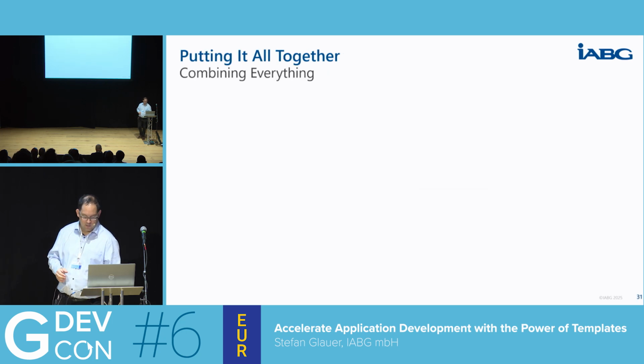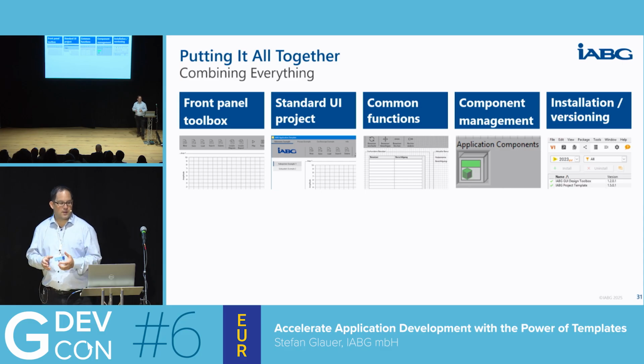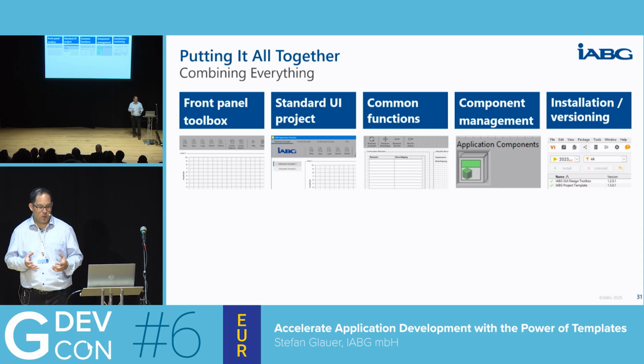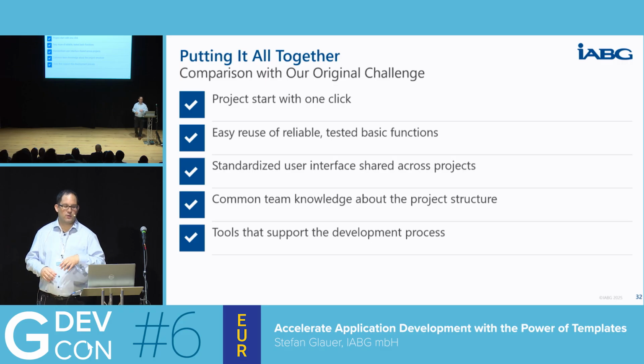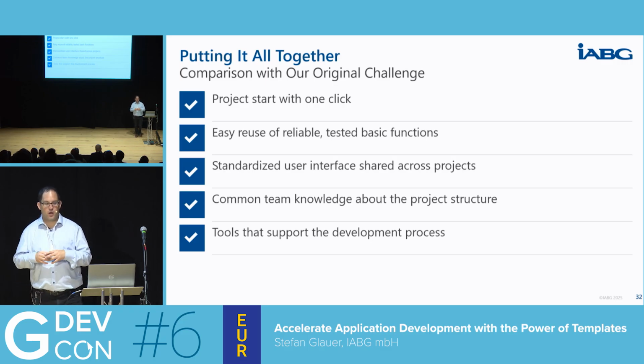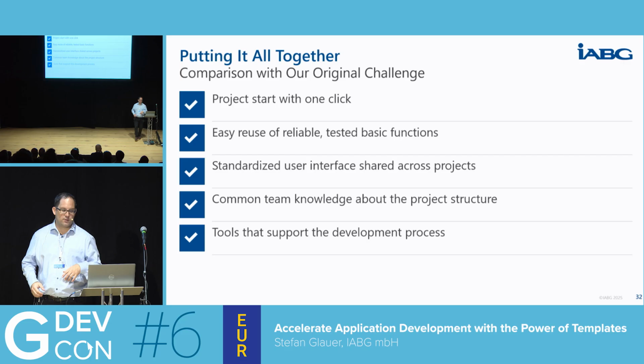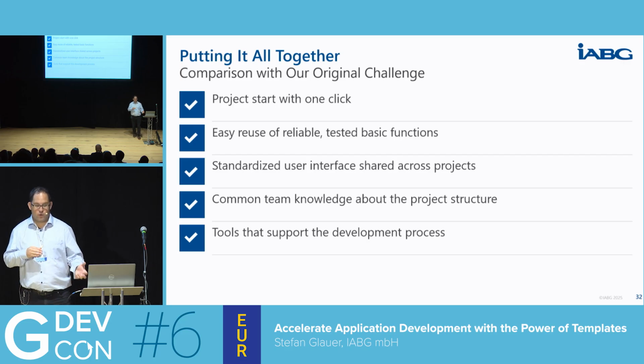So when we summarize this, when we combine everything of this, the front panel toolbox, the standard UI, the common functions, the component management, and the installation and versioning, this creates a great foundation to our projects. If you compare it with our initial challenge, now for us it's easy to set up a project with just one click. Around 40 to 50% of the project is set up.